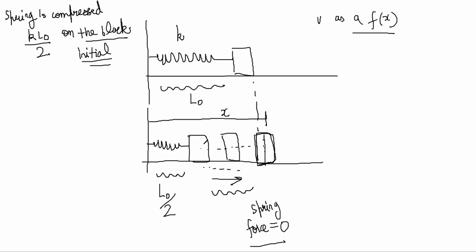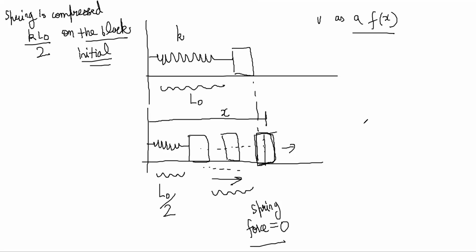However, we have to find velocity as a function of x. So let's think about what happens after it crosses this boundary. After it crosses, velocity will be constant, no? Because the spring will not be extended anymore. It gives this push to it, and then the body goes away freely.